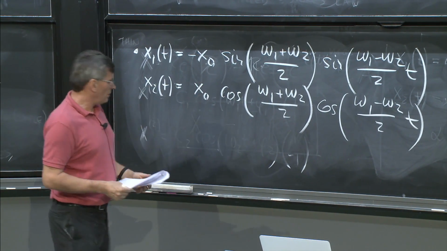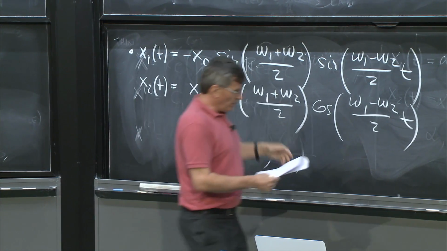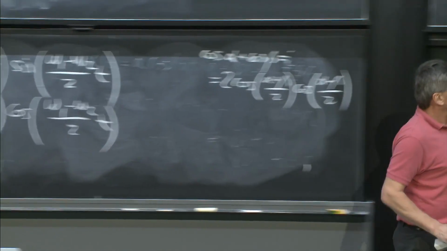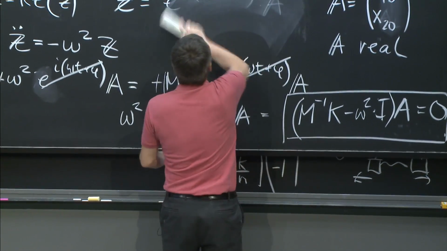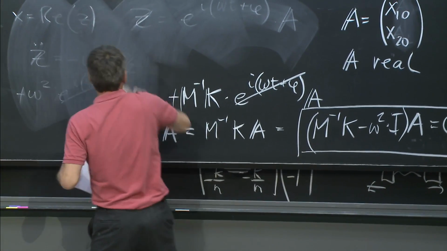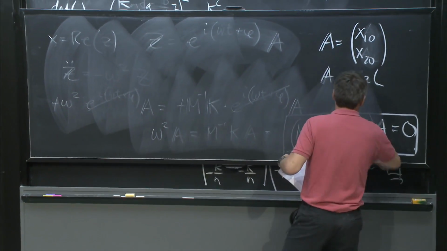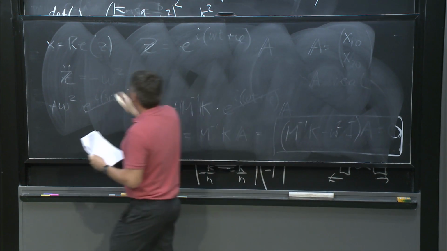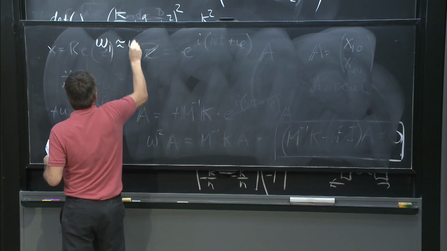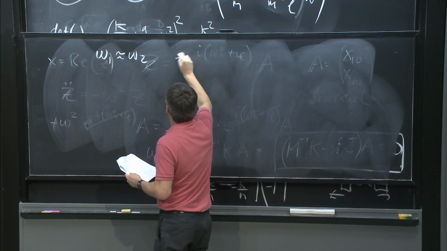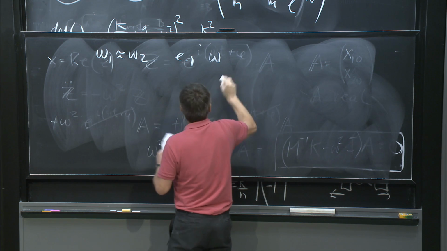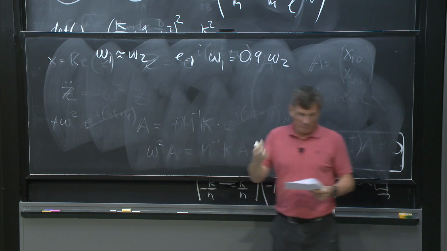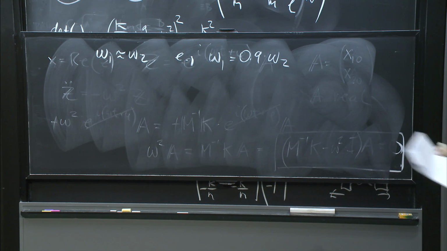So how would this look? If you make a plot under some conditions, where the two frequencies are close to each other, for example, omega 1 is 0.9 times omega 2, which is roughly what we have on Earth in the case of our system here.